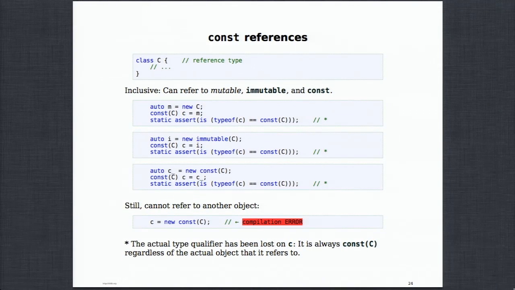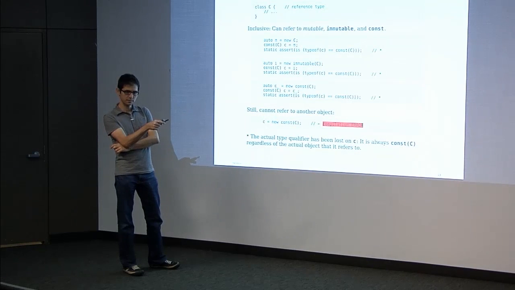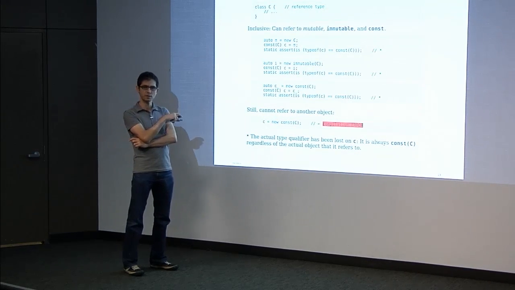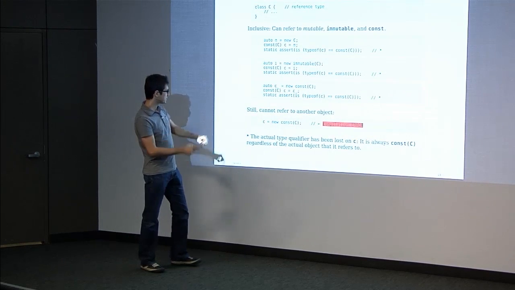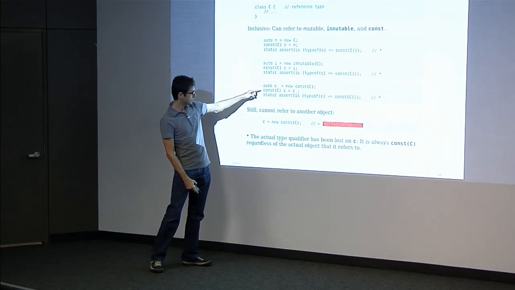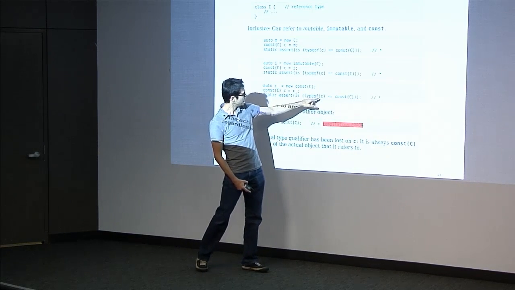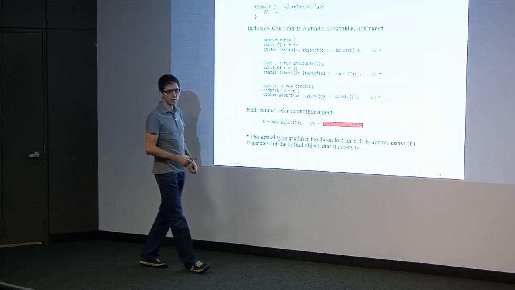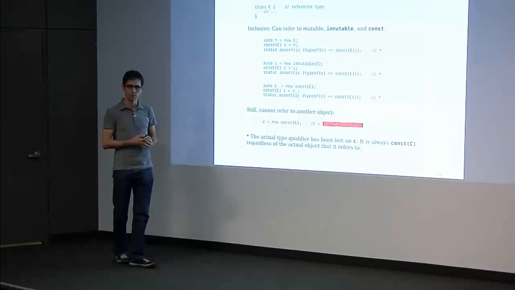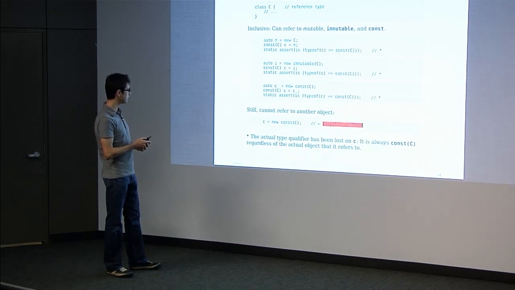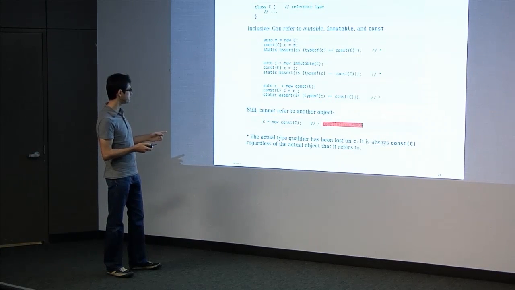And there's an important footnote here. Const actually erases the qualifier of the original object. If you have a const reference, well, these asserts pass again, the type of C is const C. You have no idea what the original was anymore. But that is still very useful.